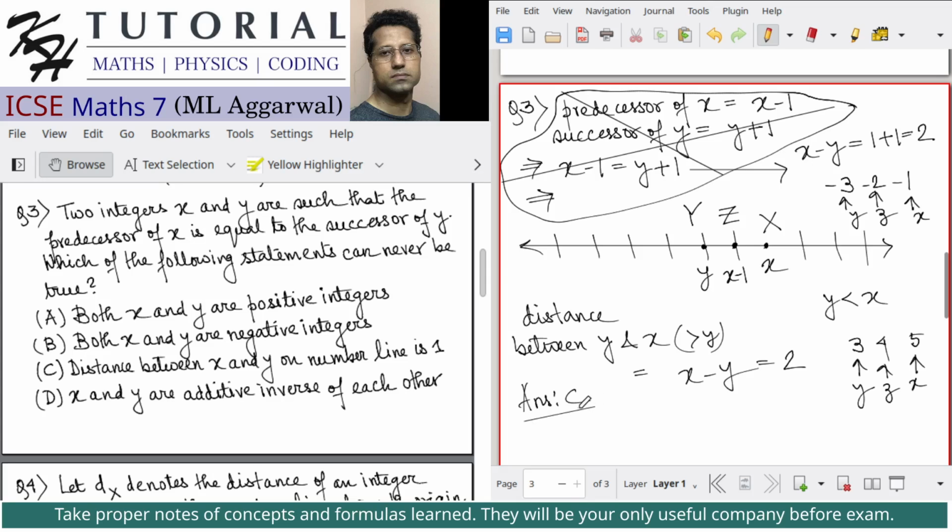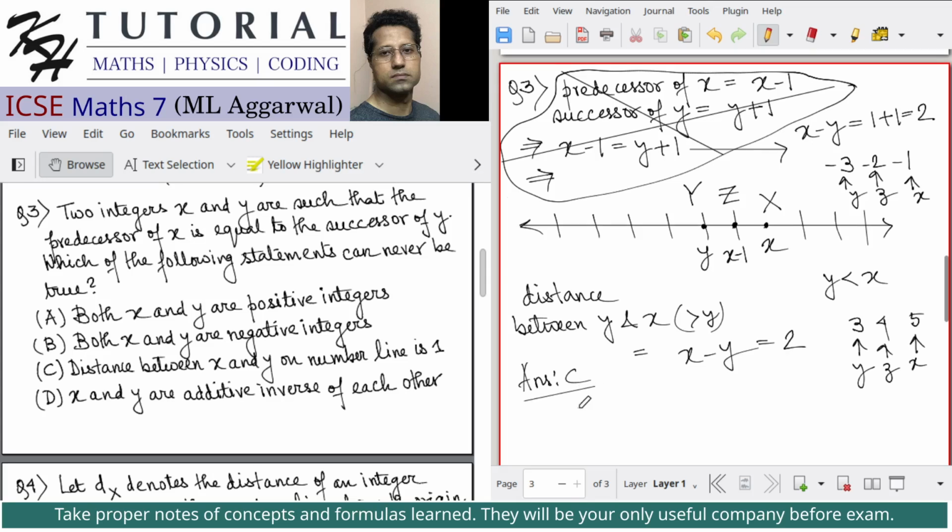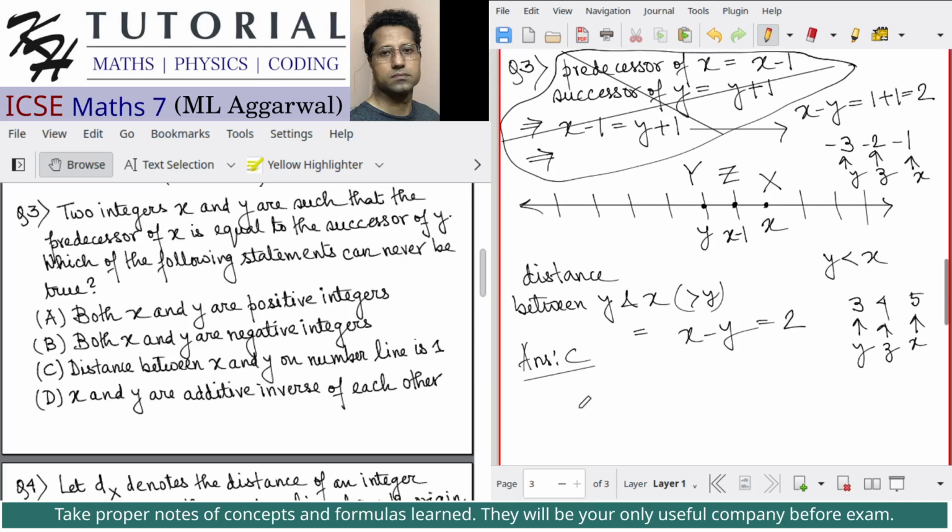Even though, you can also check choice D. Choice D says that x and y are additive inverses of each other. So is it true that x and y can never be additive inverses of each other? No, it is not true, because y can be minus 1 and x can be 1.